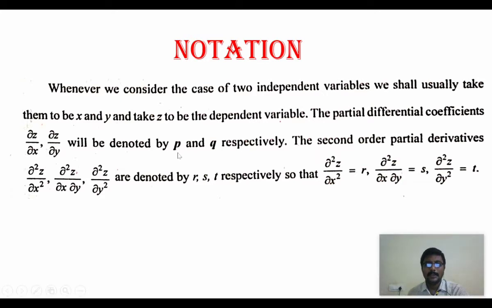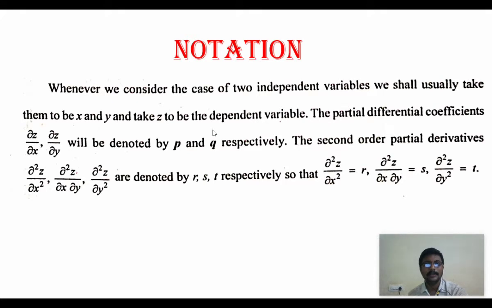P is dou z by dou x and Q is dou z by dou y. These are the first order partial derivatives. And the second order partial derivatives are denoted by r, s, t.